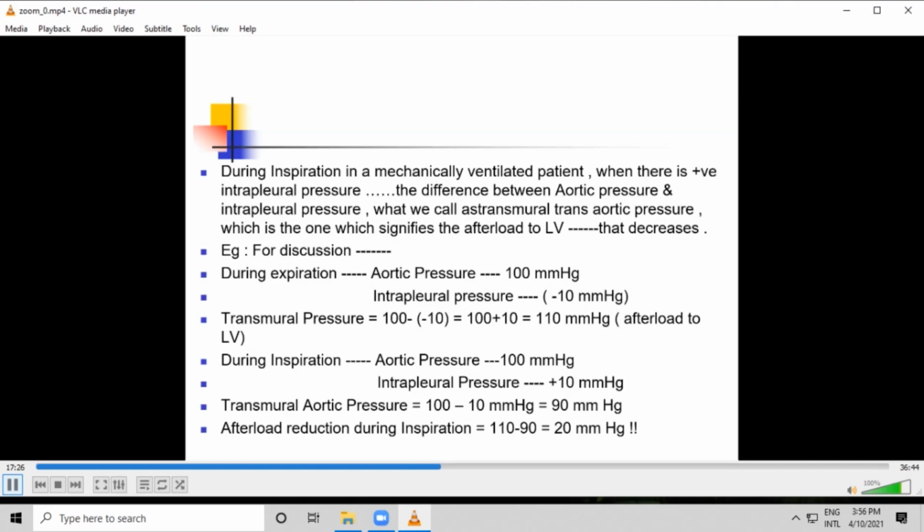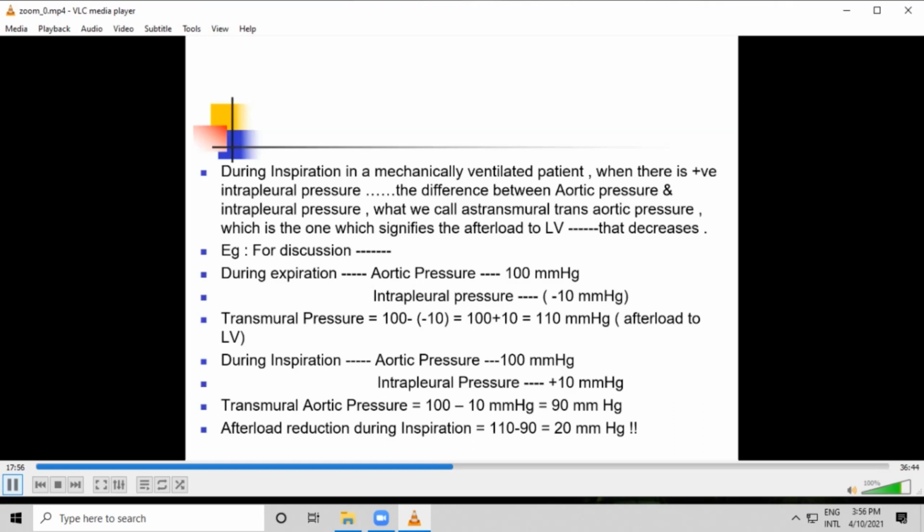Now during inspiration, aortic pressure is the same 100 millimeter mercury. Intrapleural pressure is plus 10 millimeter mercury because of the increased intrathoracic pressure or positive intrapleural pressure. So transmural aortic pressure would be 100 minus 10, which is 90 millimeter mercury. So the afterload reduction during inspiration in a mechanically ventilated patient would be 110 minus 90, that is 20 millimeter mercury.